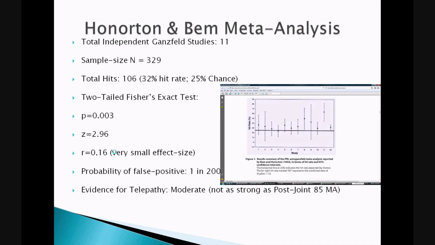Now, the probability of a false positive, which is a study that shows evidence, but it is in fact caused by coincidence, is actually 1 in 200. So the chances of this being due to coincidence is actually pretty small. Now, the evidence for telepathy is actually quite moderate. However, it is not as strong as the post-joint 85 meta-analysis. Despite that, only 2 studies show statistical significance.